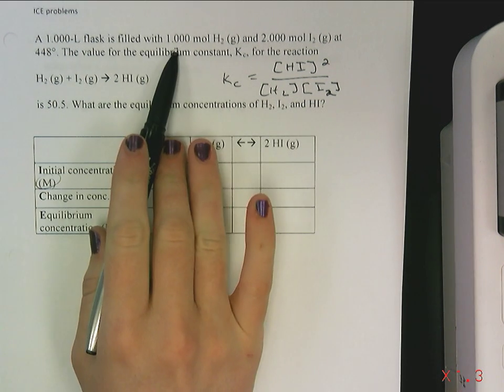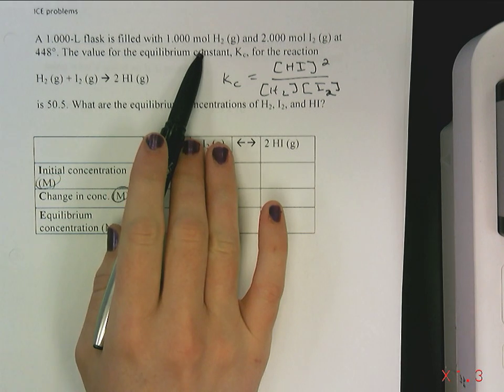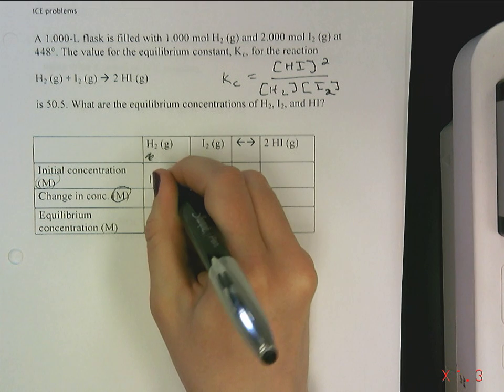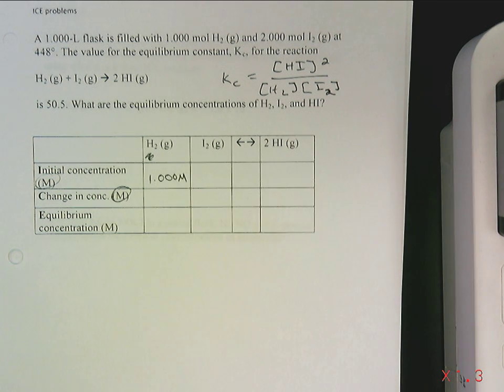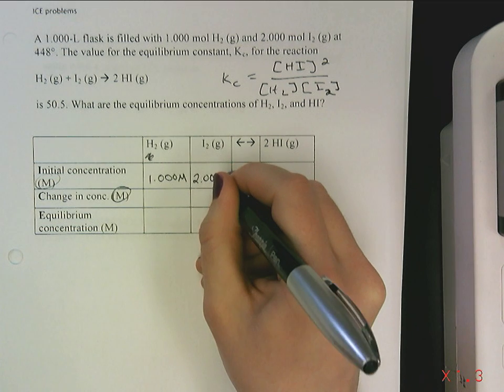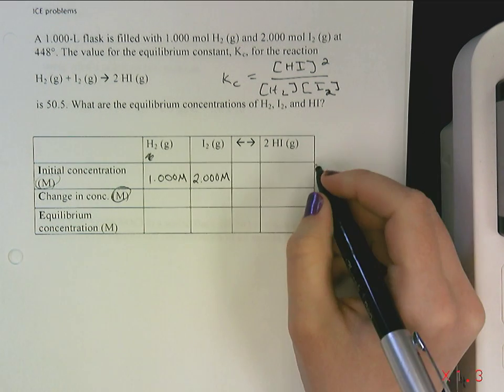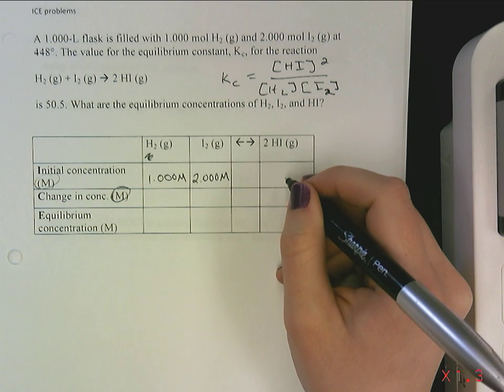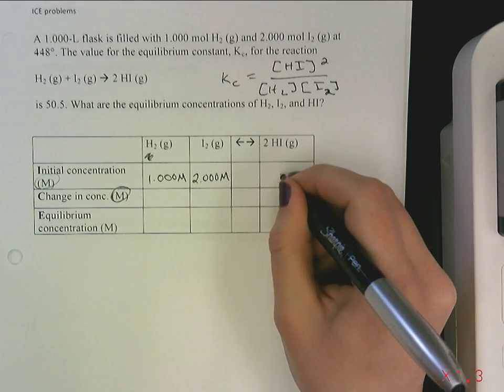So I'm given that it's 1.00 moles in a 1 liter flask. So on the plus side, the number of moles is actually the same as the molarity, but keep in mind that might not always be true, and so you're going to need to make sure that you're using the correct units, because ICE problems really only work with concentrations.